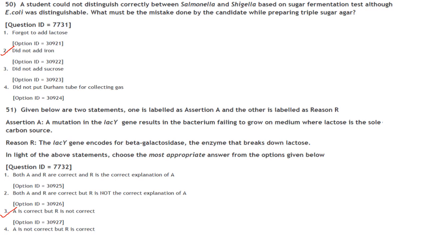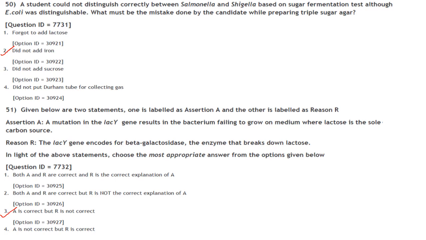Now Salmonella gives red slant yellow butt. Shigella also gives red slant yellow butt, but E. coli gives yellow slant yellow butt. Now red slant yellow butt indicates dextrose fermentation, and yellow slant yellow butt indicates fermentation of dextrose, lactose and or sucrose.